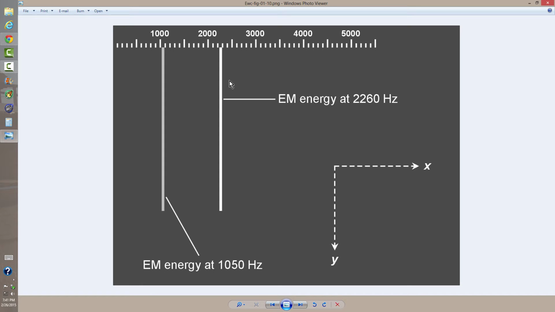That's my recommendation. But here is an example of a Digipan display with a 1050 hertz wave and a second signal at 2260 hertz.